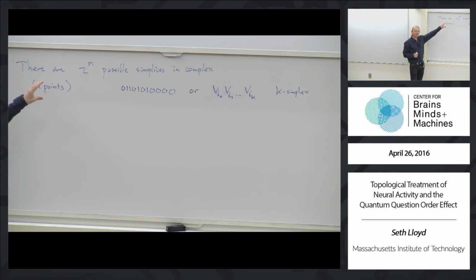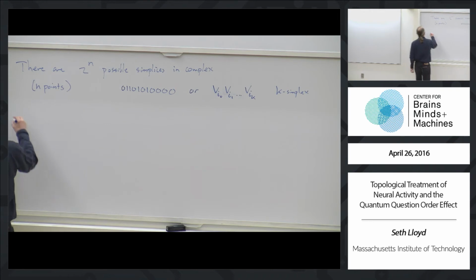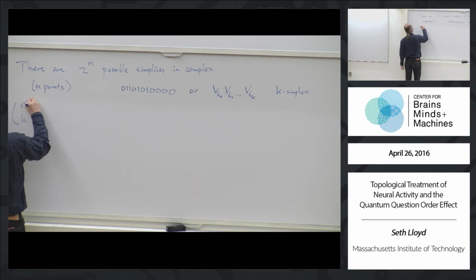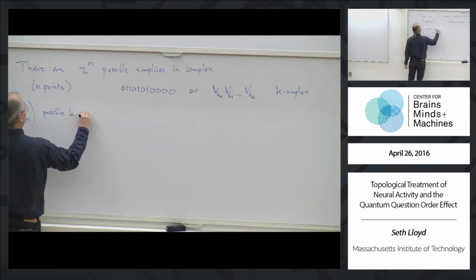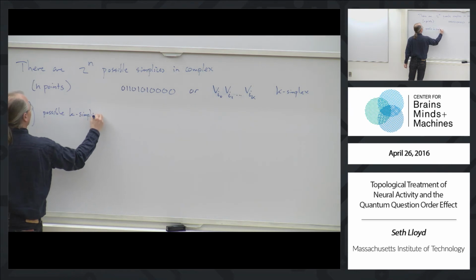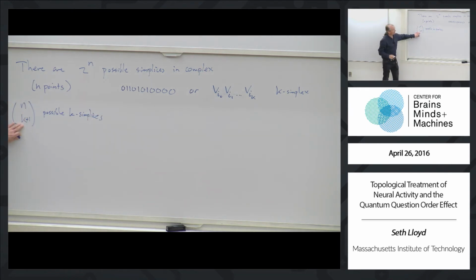And if you look at the classical methods, people tend to focus only on things up to 2 or at most 3 simplices, because there are n choose k plus 1 possible k simplices. So when I'm looking just at things like edges and triangles and things like that, it's not as bad.